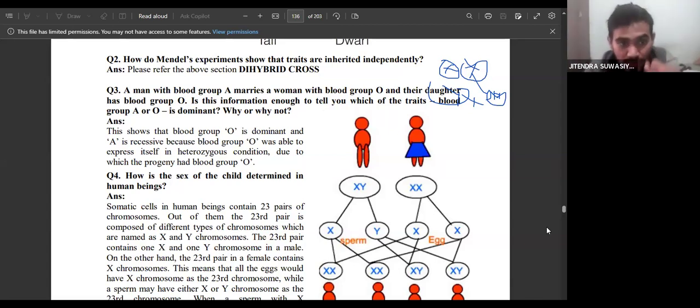Like that, O was able to express itself in the heterozygous condition, due to which the progeny had blood group O.